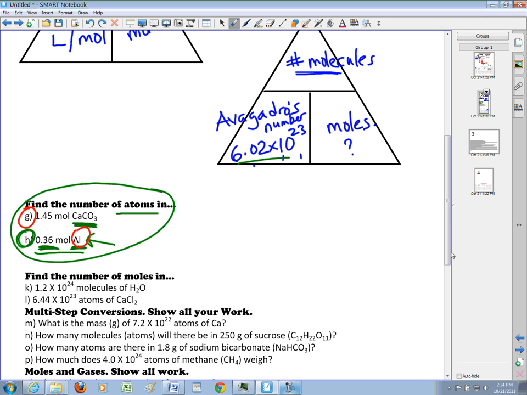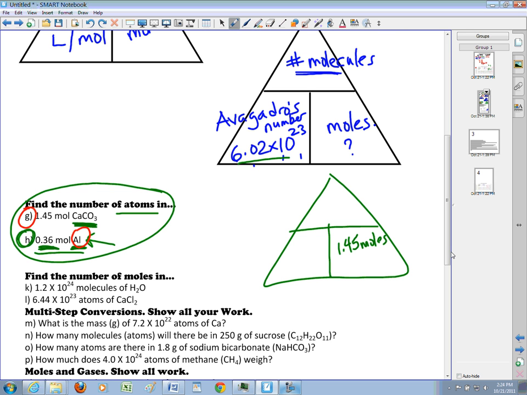Once again, it's giving me moles, so that's nice. I always like it when a question gives me moles. 1.45 moles. We don't know how many atoms that is, but we do know Avogadro's number, 6.02 times 10 to the 23rd. Atoms per mole.